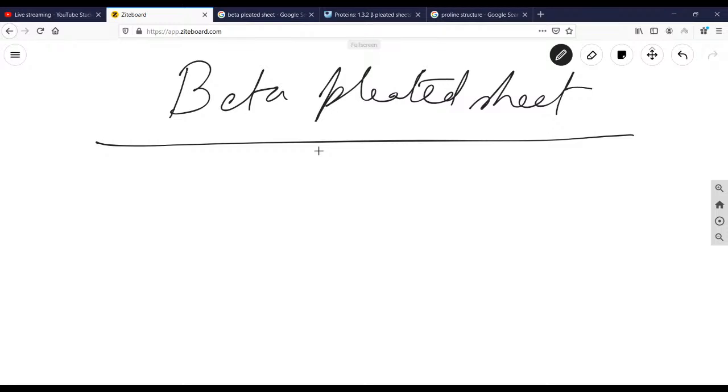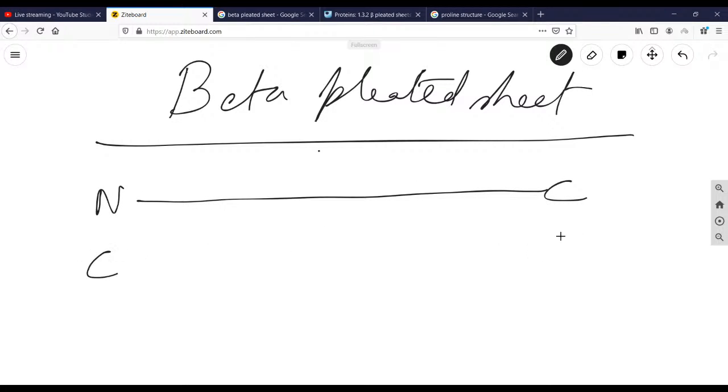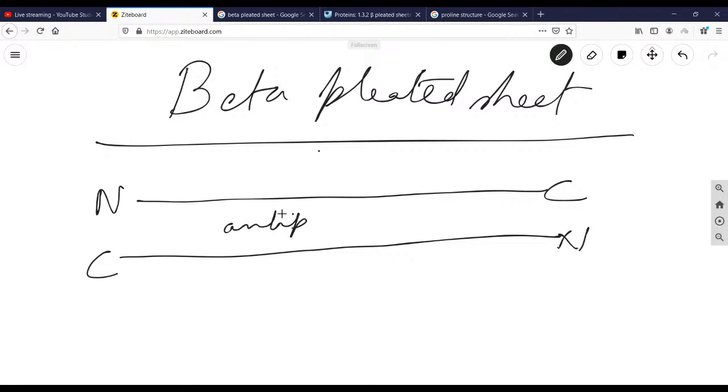Mostly it is a series of anti-parallel sheets. One is going from N to C, another from N to C. It is always N to C, but the orientation is opposite. This is known as anti-parallel arrangement.